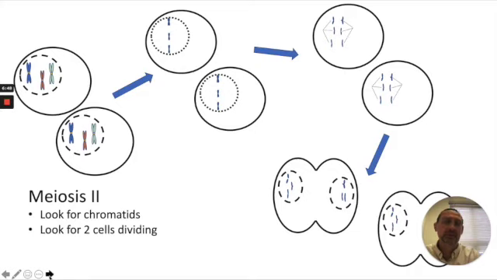There is no interphase 2, so it just starts with prophase 2. We go to metaphase 2, they line up in the middle, and then anaphase 2, they start to go to opposite sides, and you'll notice that one sister chromatid goes to one side, the other sister chromatid goes to the other side. And that's what's going to make those new cells.